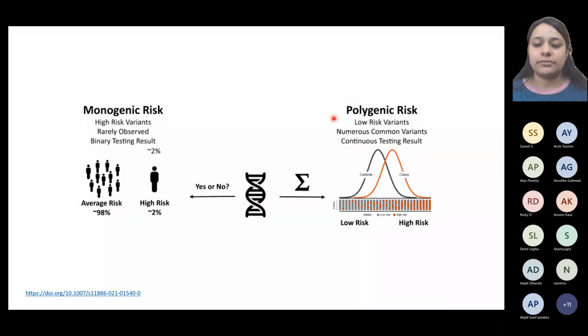In case of polygenic, if you have the risk factor, you will probably not get the disease, right? There is a good chance that you will never encounter that disease. So it is a low risk variant. Then numerous common variants are present, unlike this, where in the normal population it is rarely observed, right? And there is a continuous testing result.